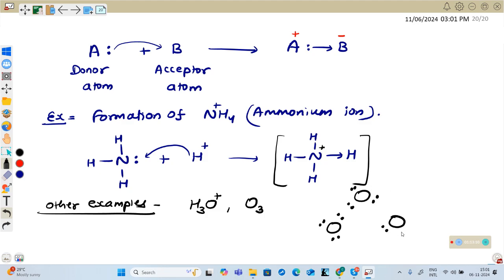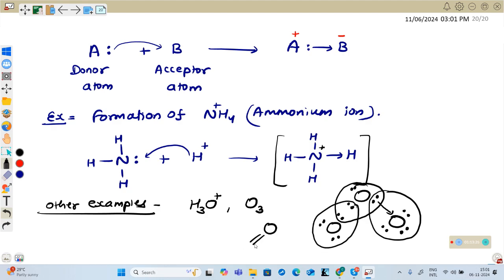The third oxygen will just be the receiver. The middle oxygen atom's octet is completed. The one which is doubly bonded, that octet is also completed. So it is shown something like this. This is ozone.